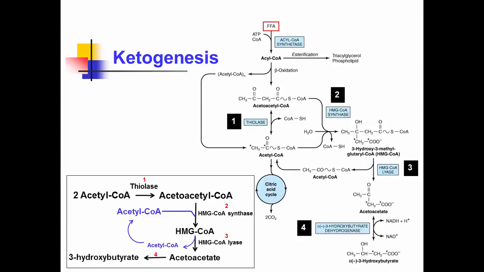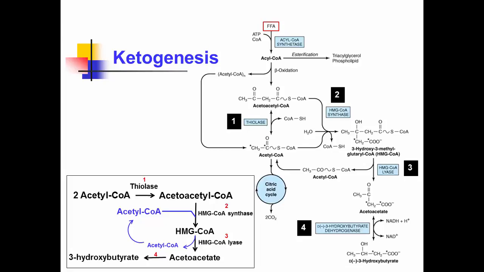Acetyl-CoA is the final product of beta oxidation, but the second to last product is acetoacetyl-CoA. This acetoacetyl-CoA together with acetyl-CoA forms hydroxymethylglutaryl-CoA, or HMG-CoA, right? So HMG-CoA can be produced from acetoacetyl-CoA and acetyl-CoA, and the enzyme is HMG-CoA synthase.